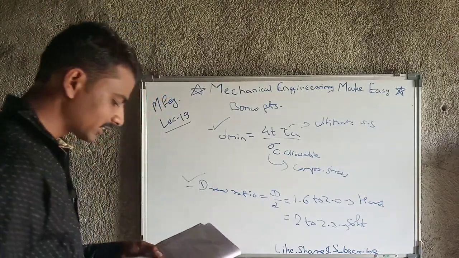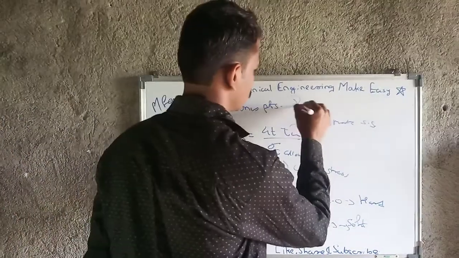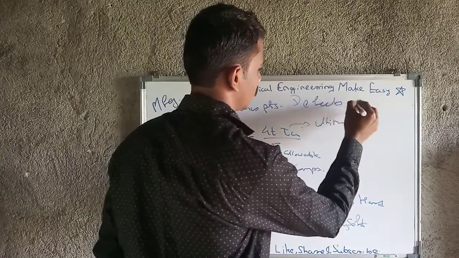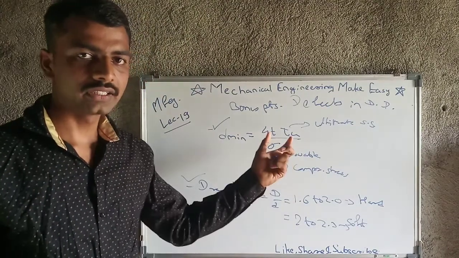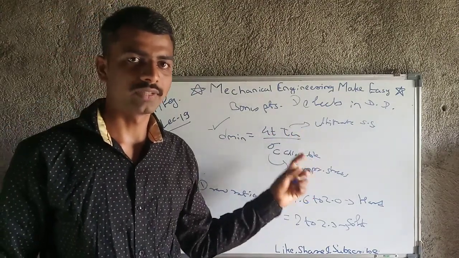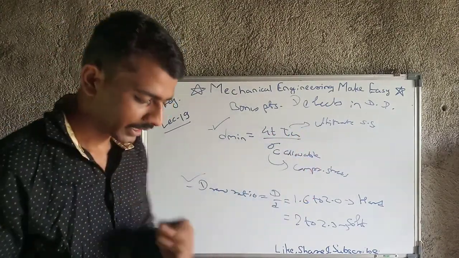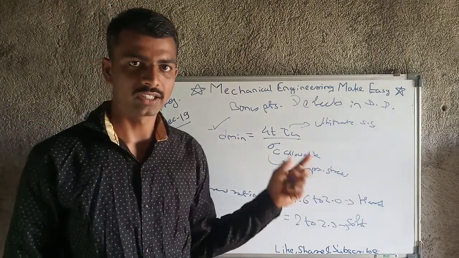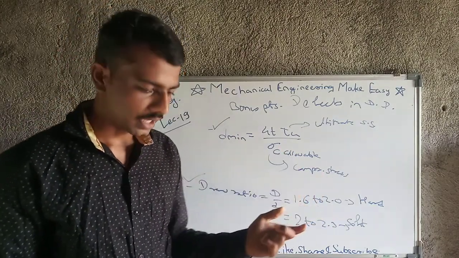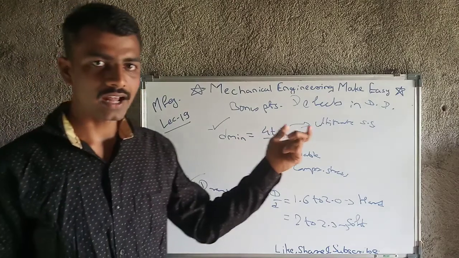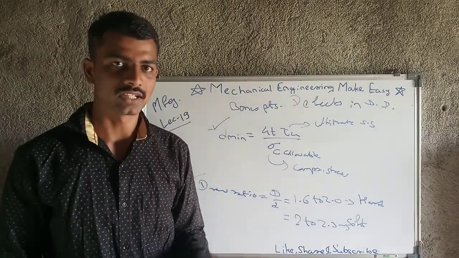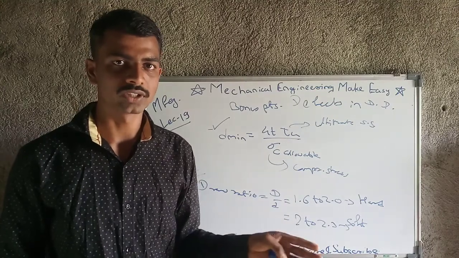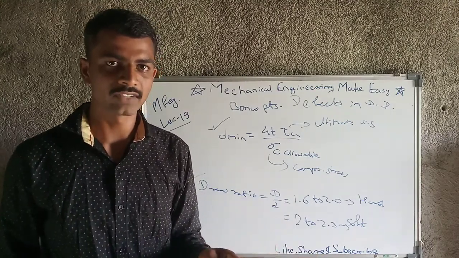Then the defects in deep drawing. When we are drawing with h by d ratio greater than or equal to 0.5, that is deep drawing. But in that case there are defects. In every case there will always be some kind of defects, like in welding and in metal forming processes.